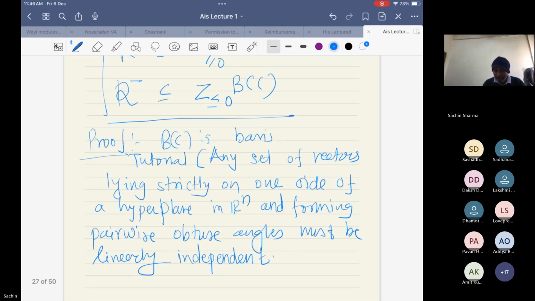Now I have a question for you: why do the elements of this base form obtuse angles? Can anybody reply?